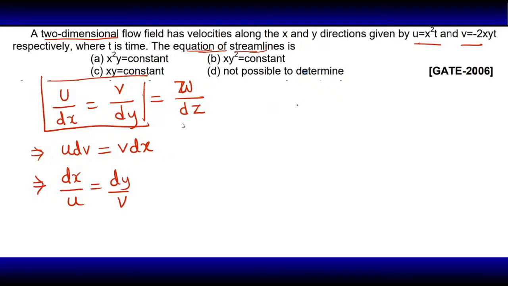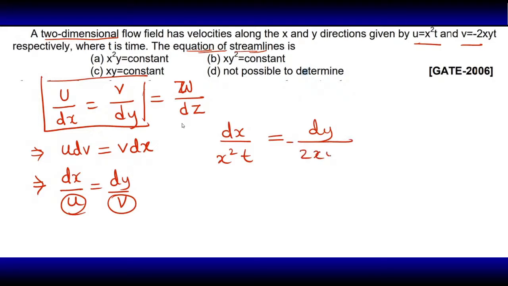Have you started solving, or are you still thinking? Whenever you have the u and v, substitute the values. What you will do? dx by x square t equals dy by v, where v is minus 2xy t.